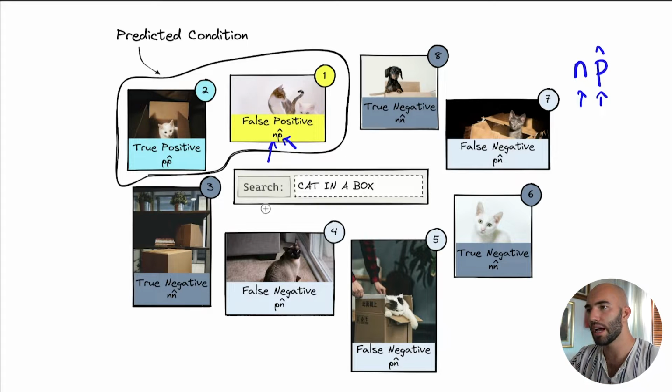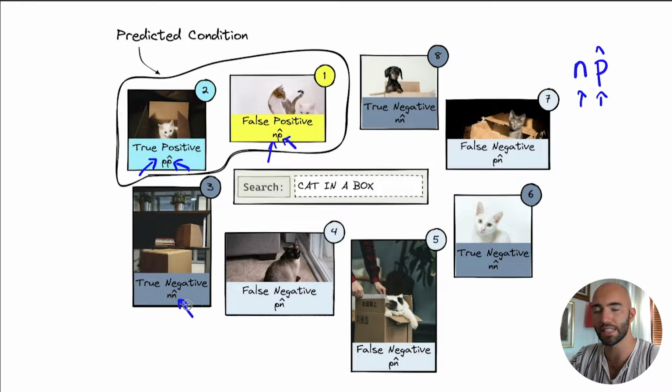On the other hand, we have this other returned item, and this is a good result because we have a predicted positive and an actual positive. So that's a true positive. And we can also see down here we have these other items. Again, another good result.